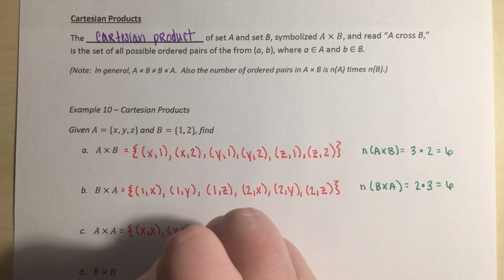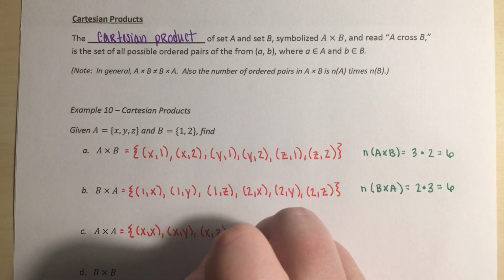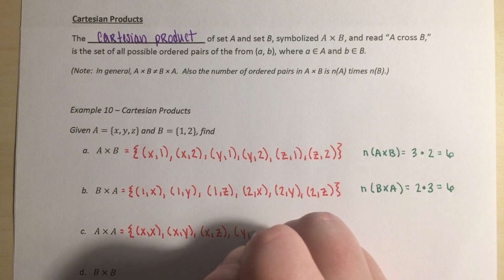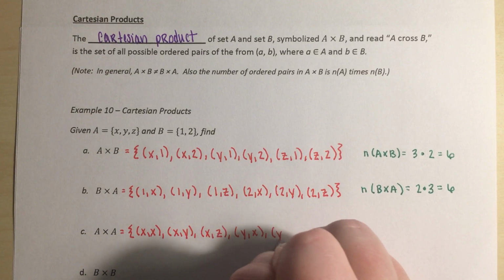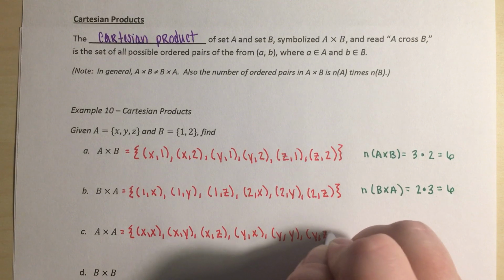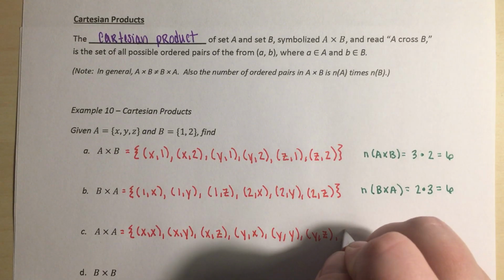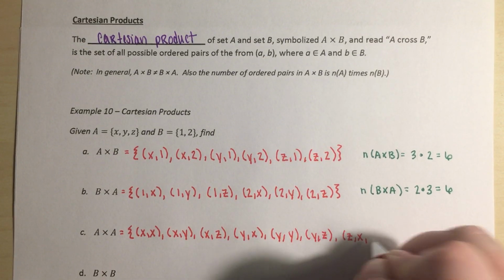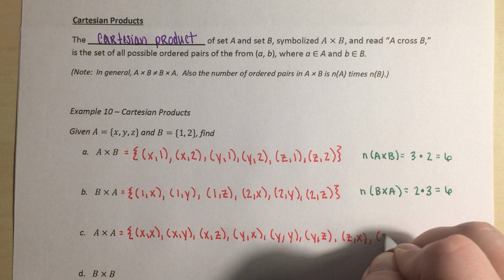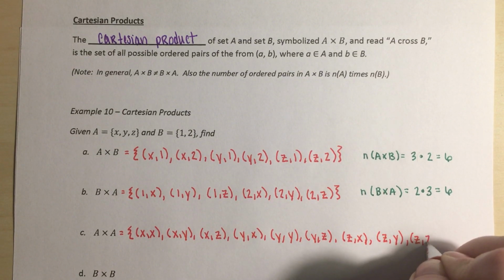Then we're going to do X comma Y, X comma Z. Then we're going to do Y comma X, Y comma Y, Y comma Z. Then we still have a few left to finish off. We're going to do Z comma X, Z comma Y, Z comma Z.